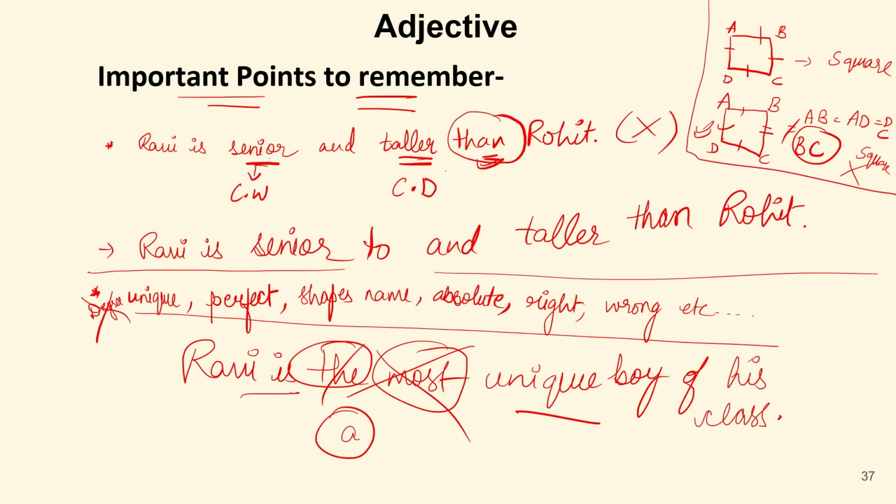One more point to remember is the use of any and any other. Any is used when we compare two things of different categories, and when we compare two different things of the same category we use any other.